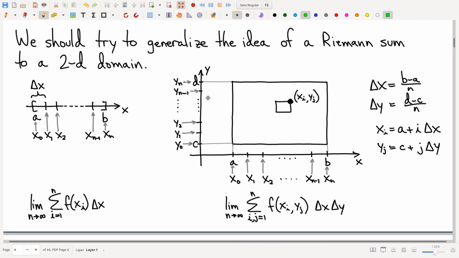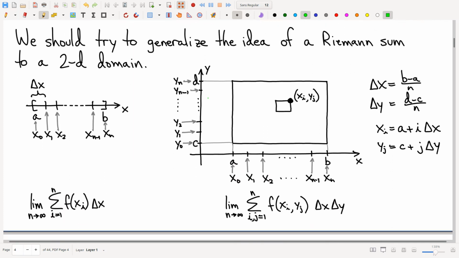Okay, so here we go. Here's our interval from A to B on the x-axis, and what I like to call the chop it up, add it up strategy on that interval. You take that and chop it into little pieces. Then on each individual little piece, whatever question you're interested in, there's some function that you can multiply by the size of the piece to get what you're interested in.